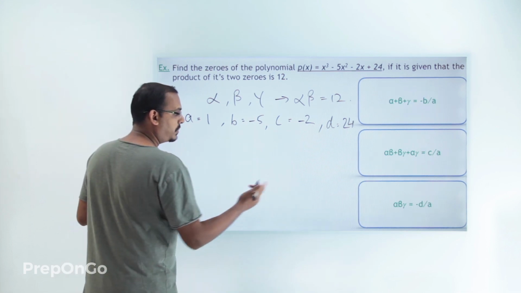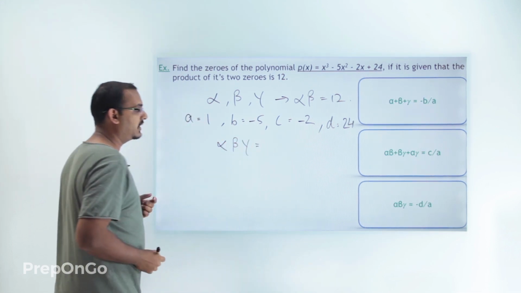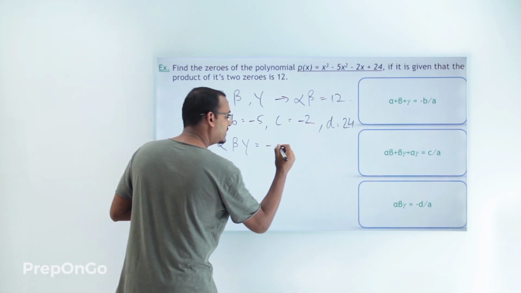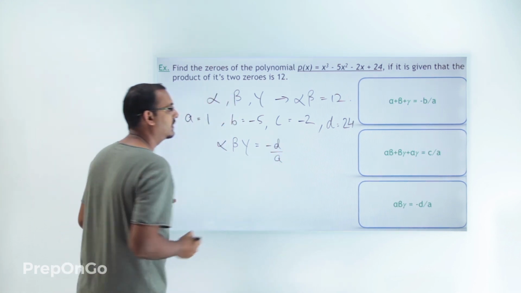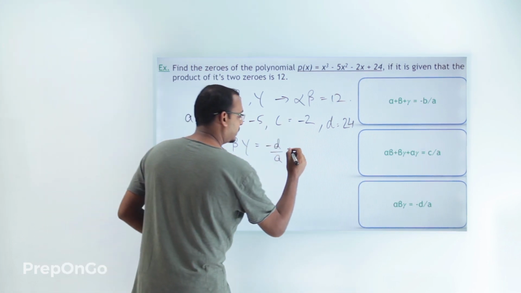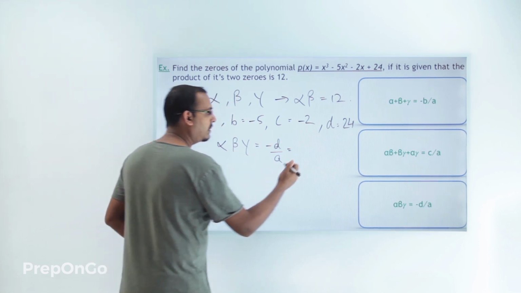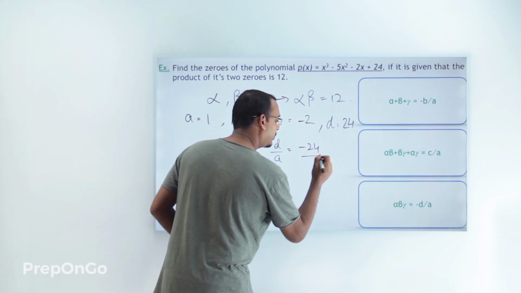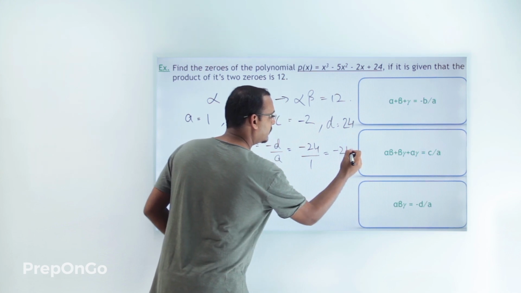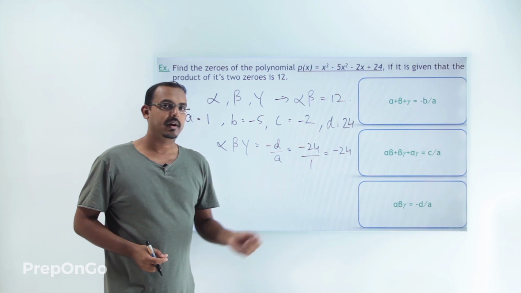So let's take that expression and calculate the value of alpha beta gamma. The value of alpha beta gamma is equal to minus d by a. Now we know the value of d is 24 and the value of a is 1. So the value of alpha beta gamma becomes minus 24 upon 1, which is minus 24.